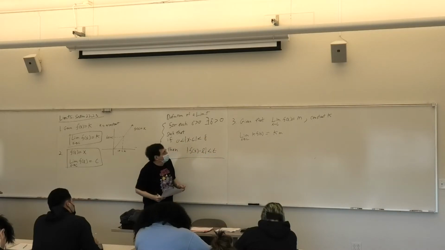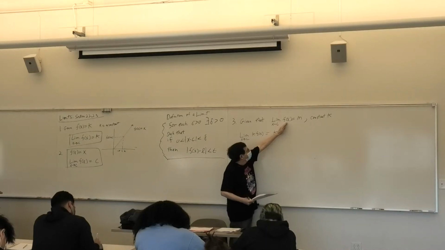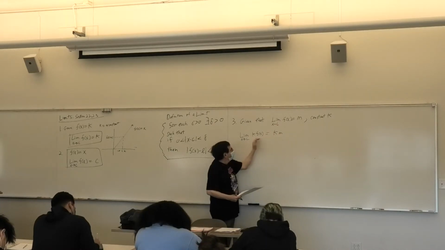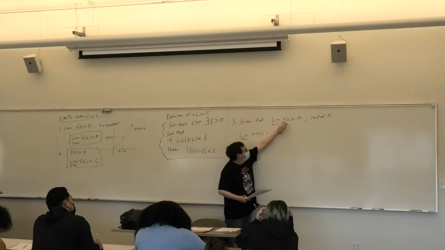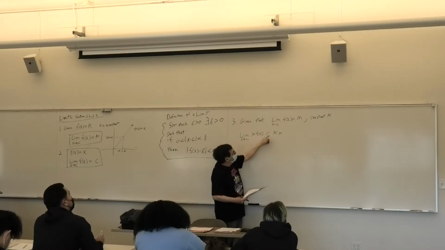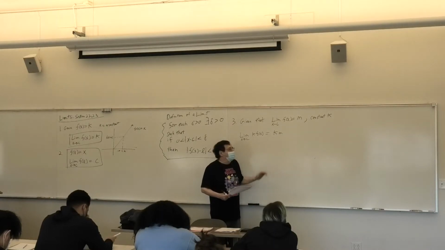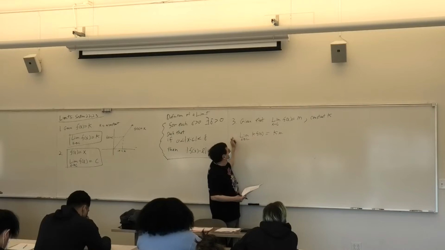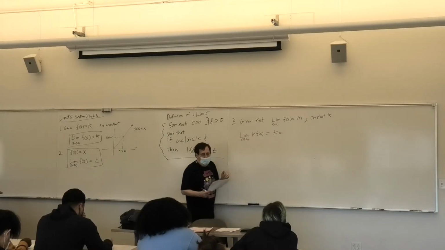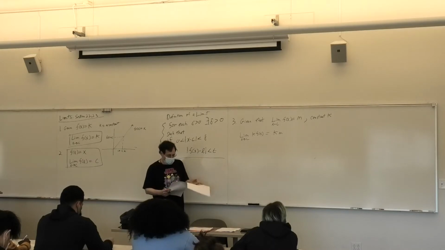Okay, what does this tell us? It says that when you have a function that has a limit, you can multiply the function by a constant, and the limit will be multiplied by that constant. So this allows us to move constants in and out of the limit, which again we'll find useful.